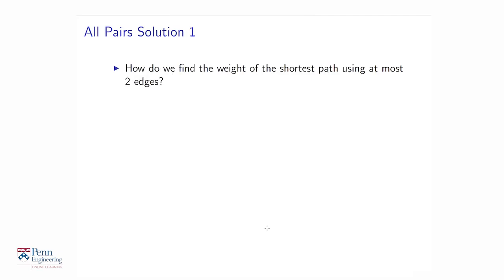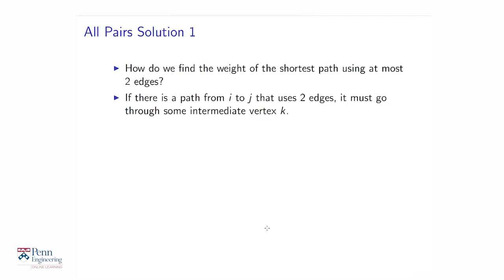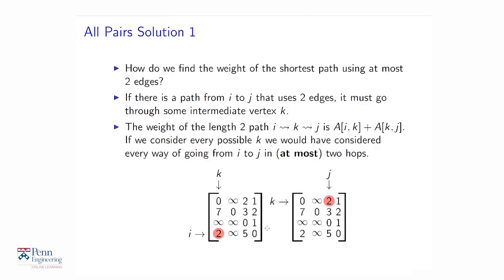Now, how do we find the weight of the shortest path using at most 2 edges from i to j? If there's a path from i to j that uses 2 edges, it must go through some intermediate vertex k. So the weight of the length 2 path from i through k to j is going to be a_ik plus a_kj. And notice one thing about this: I could make k equal to i.